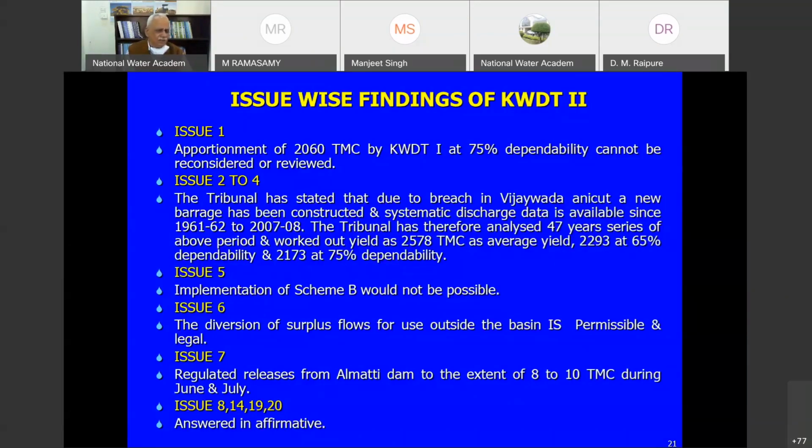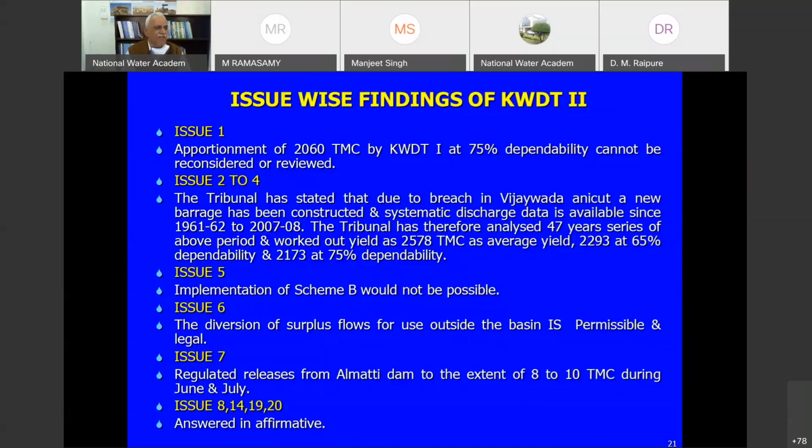So he has distributed that 113 year series in weather cycles of 30 years, 35 years, 40 years, computed the 75% and average, 50% dependable figures from each series, and made a representation that the average flow available from different series varies between 183 TMC to 21 TMC, and therefore, according to him, 2600 TMC is a safe assumption for permitting utilization of the average flows.